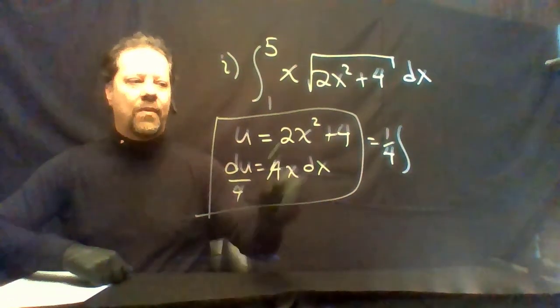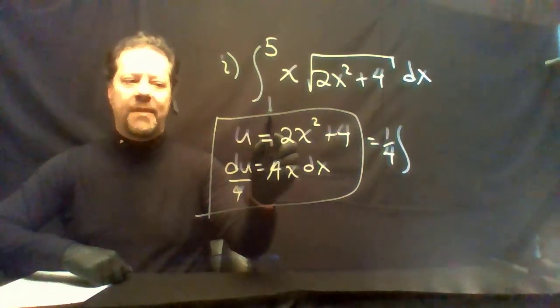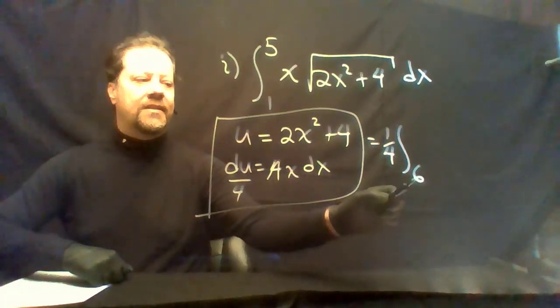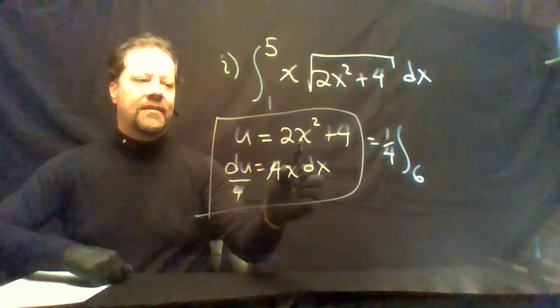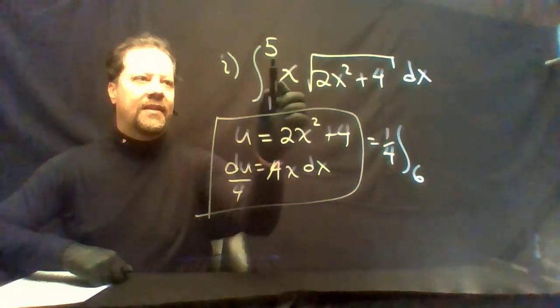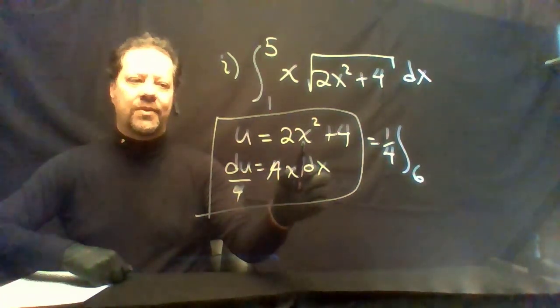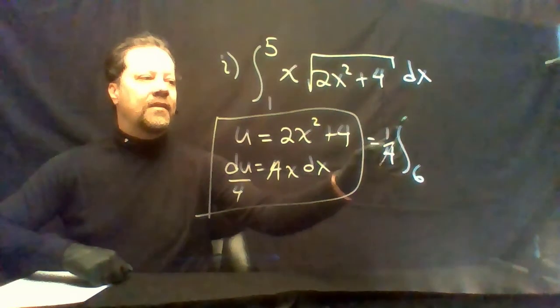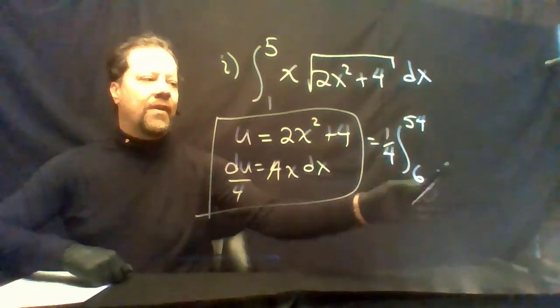The integral is transformed. The new lower limit of integration will be 6. If x is 1, then u is 6. If x is 5, 5 squared is 25 times 2 is 50, we'll have 54.